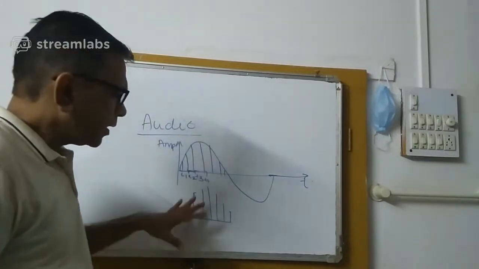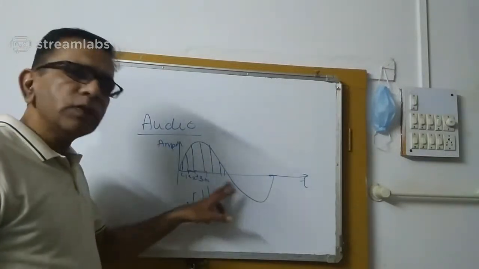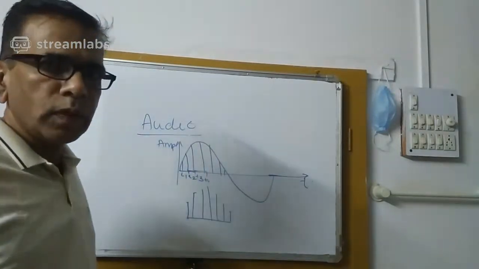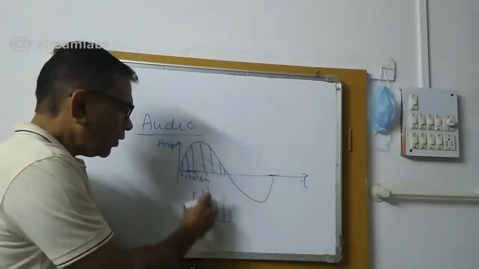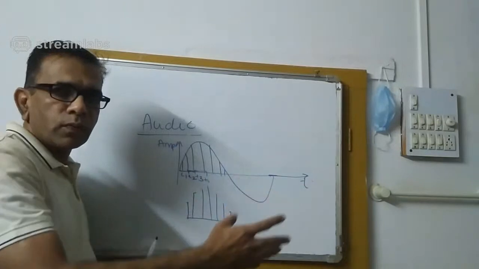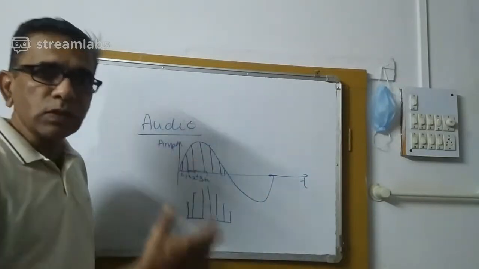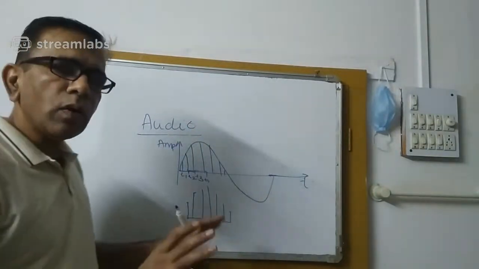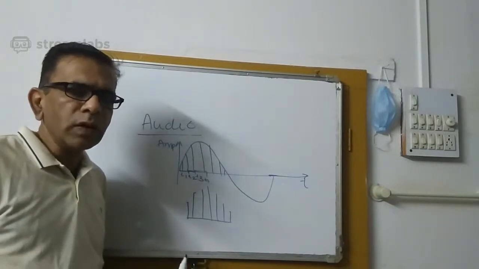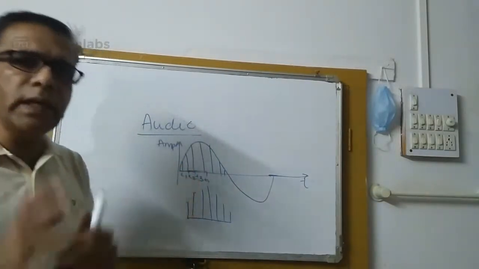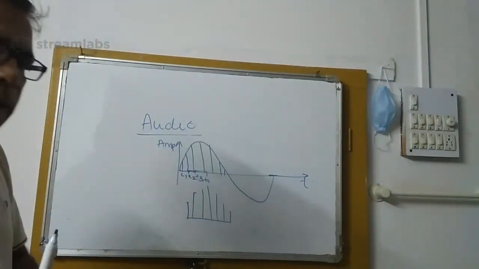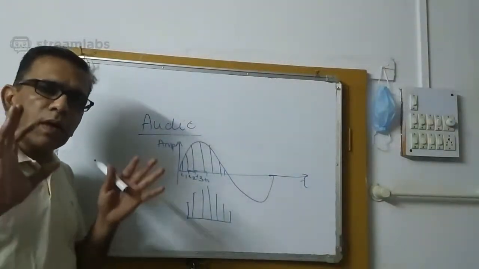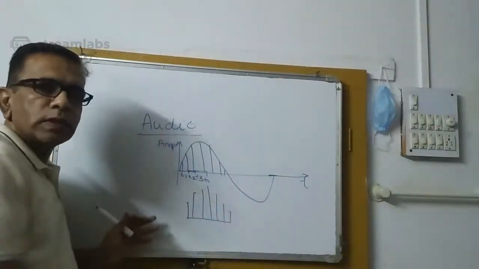Quantization is nothing but rounding off of these values. Rather than taking a value as it is, we round it off. That process of rounding off these values we call quantization. I will discuss how exactly quantization happens in the later part, but for the time being, for understanding, I am just telling you this.